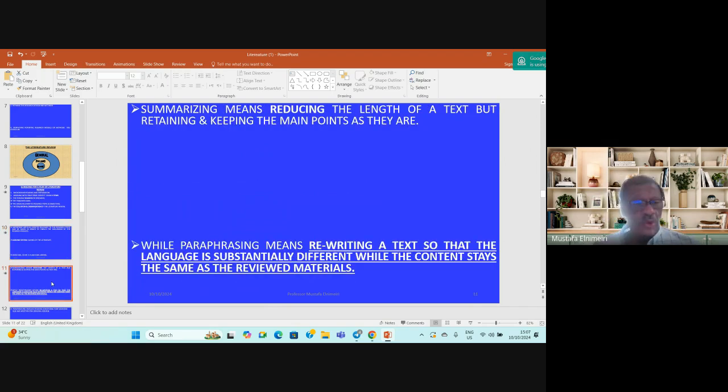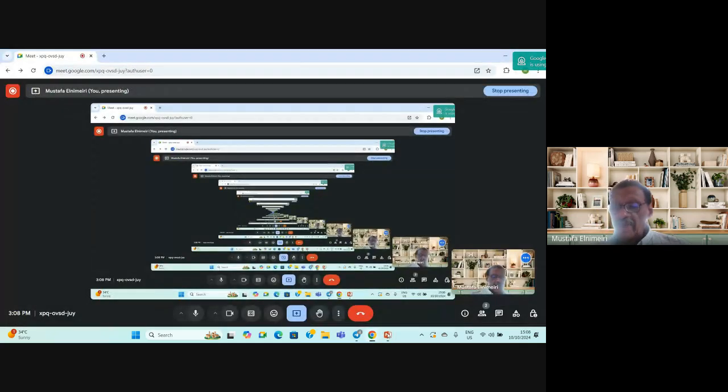Now we come to understand what is meant by summarization, or summarizing the literature. When you carry out summarization of the literature, this means that you reduce the length of a text, but still retain and keep the main points as they are. In other words, if you have a literature of, for example, 10 lines, then you make some sort of summarization.